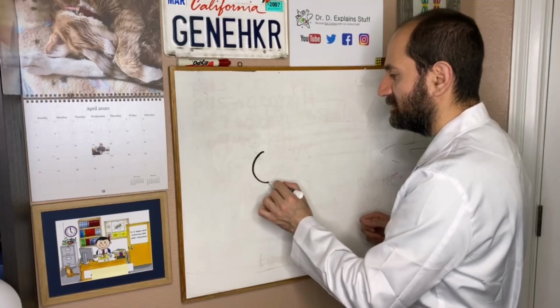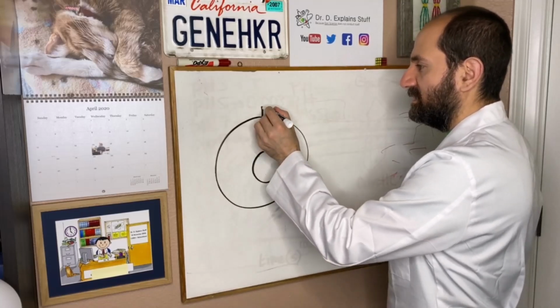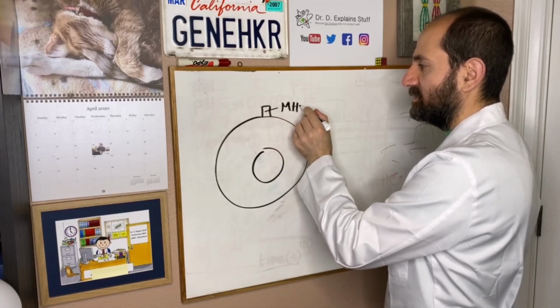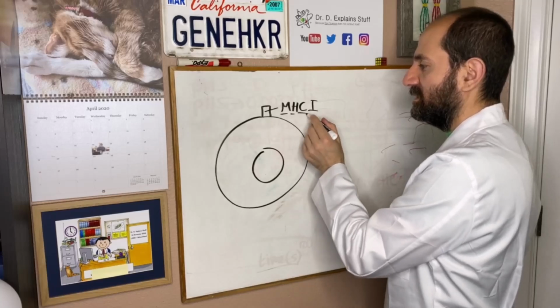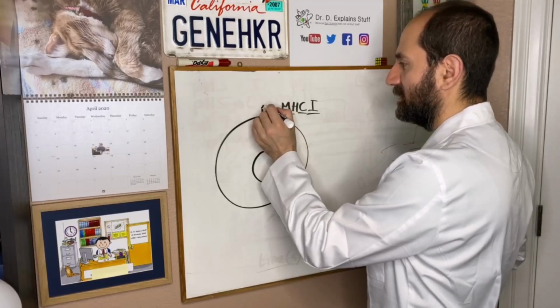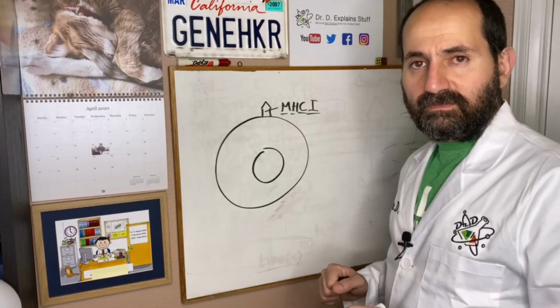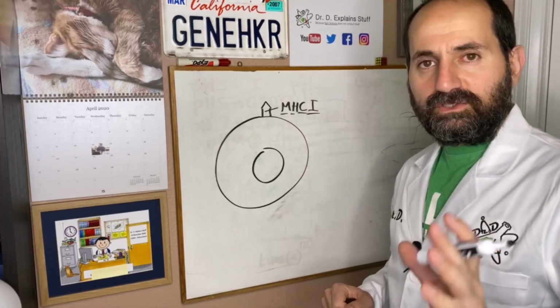Any nucleated cell has a protein on the top called MHC I, Major Histocompatibility Complex 1. I think I've drawn it before with an arrow at the top. MHC I is on the surface of your nucleated cells.